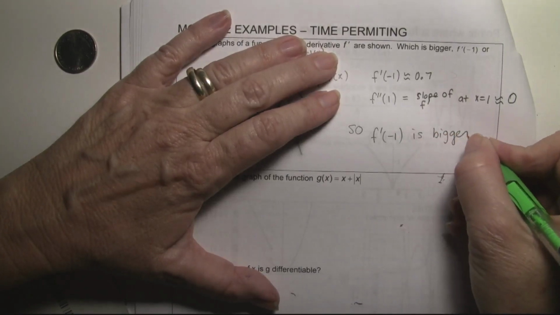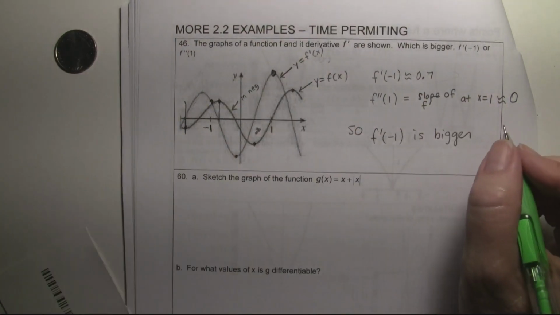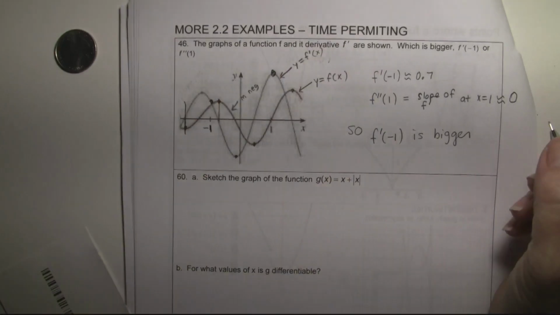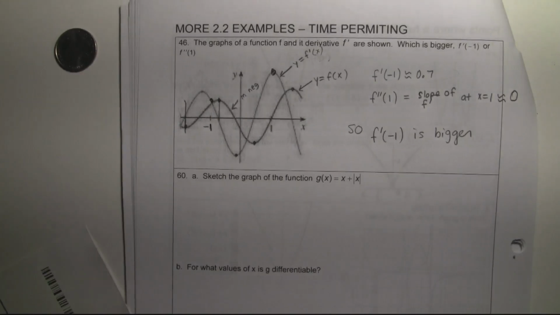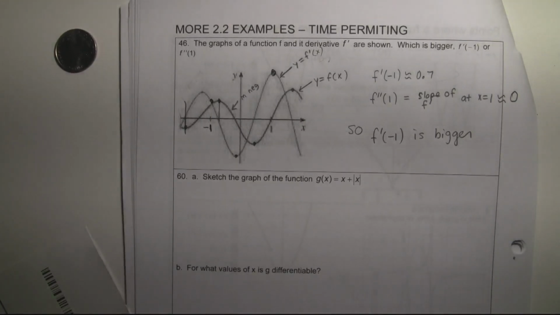On this particular problem, I didn't even need to know which one was f. If they had just given me f prime, I could have answered the question from just knowing f prime. But since they gave me 2, I had to figure out which one was f prime, because you notice I used f prime to find all of the information.